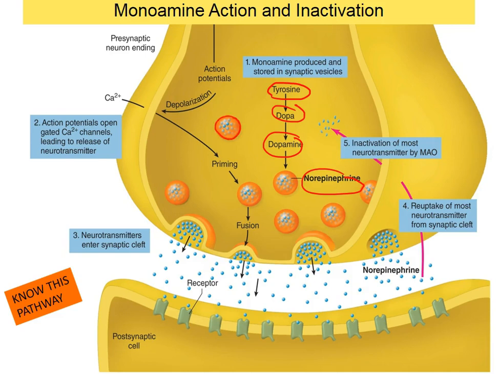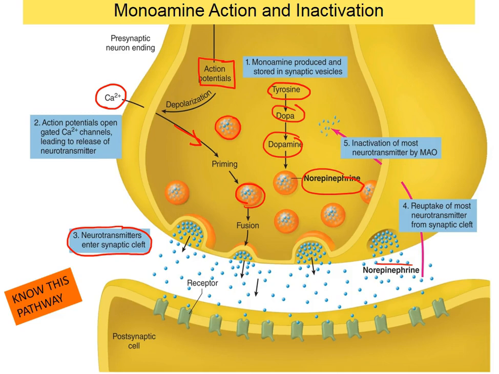You can see these synaptic vesicles. And when the action potential rolls down the axon and depolarizes the terminal bouton, calcium ion channels open up, and calcium enters the presynaptic neuron, which leads to exocytosis of the synaptic vesicles, and the neurotransmitter then enters the synaptic cleft.